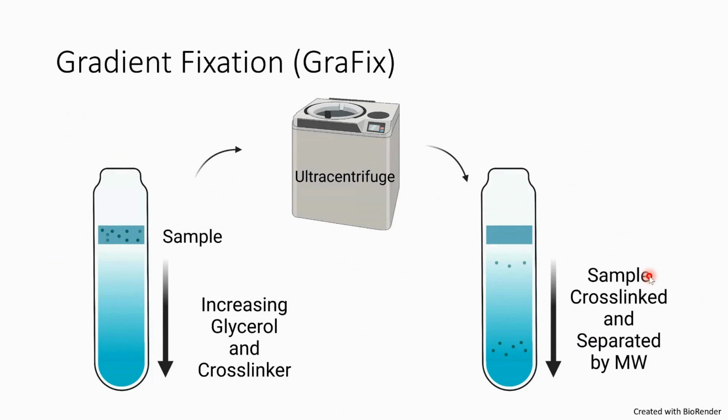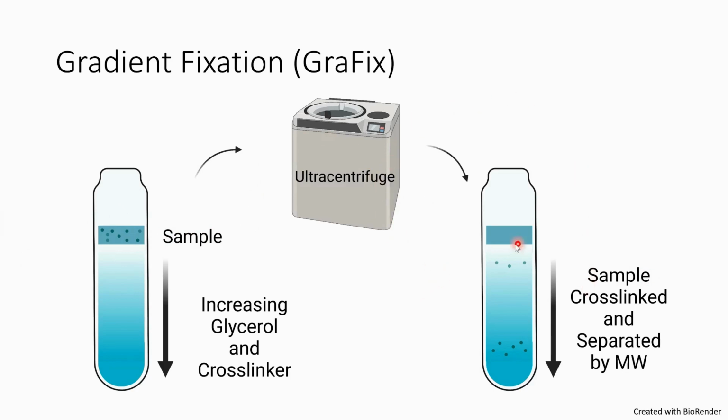Right, so now back to my idea to use a higher concentration sample. And so the idea that I came up with was to use GraFix. So this is a method where you have a gradient with increasing glycerol and cross-linker concentrations going through it. You layer your sample on top, and you can use a very high concentration sample. Then you spin it through an ultracentrifuge for 18 hours.